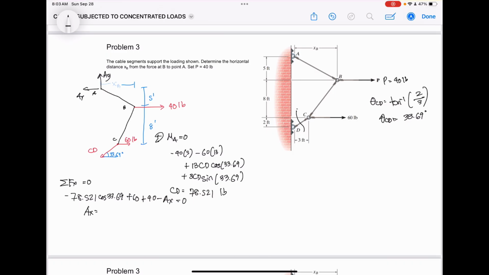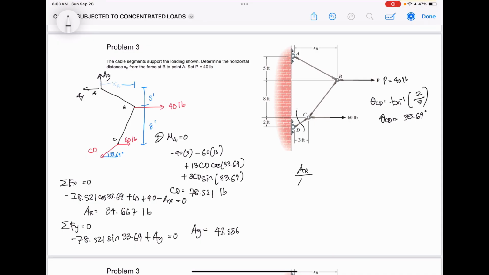AX is equal to 34.667 pounds. Tapos, summation of forces, Y equals 0. We have negative 78.521 sine 33.69 plus AY equals 0. AY is equal to 43.556.